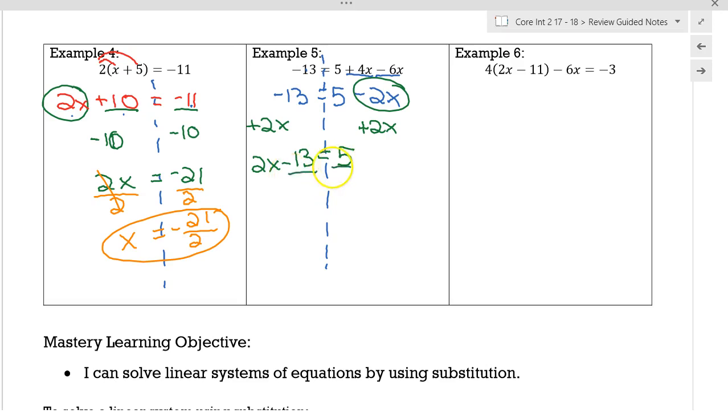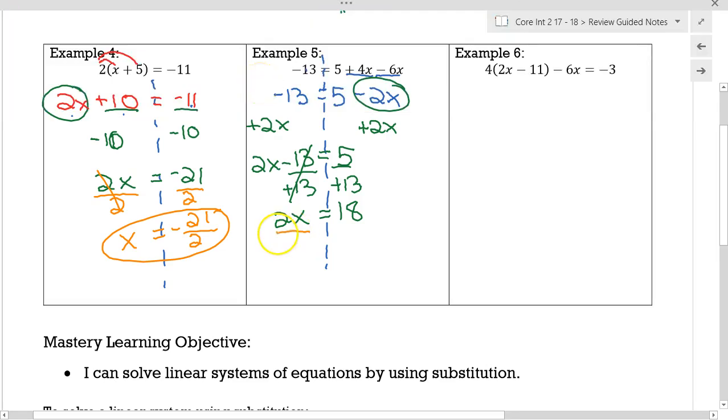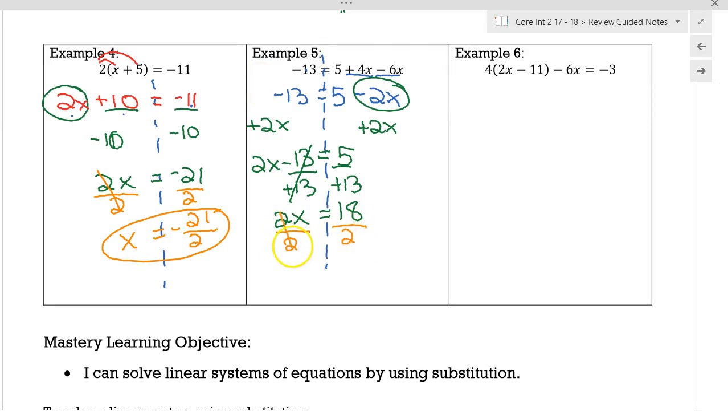Looking for my constant, I need to add 13 to both sides. So 2x, right, these cancel out, equals 18. And then my last step is to divide by 2. X equals 9.